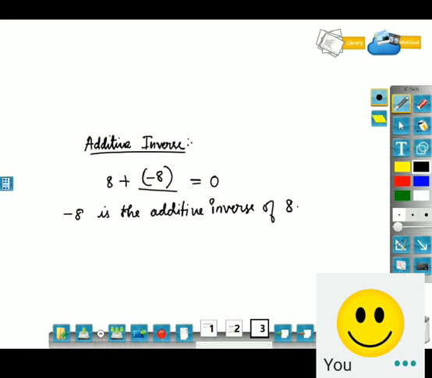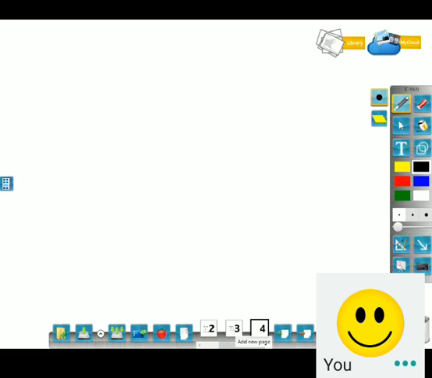Okay. So next, let's move on to the next property, that is multiplicative identity. Already I told you about additive identity: what number we have to add to get the same number.